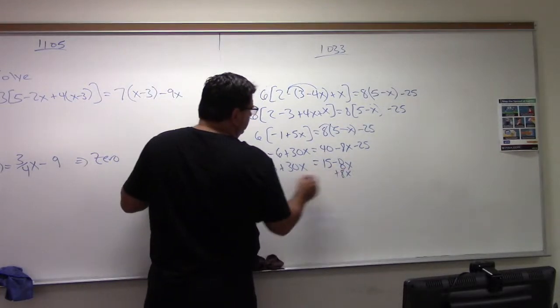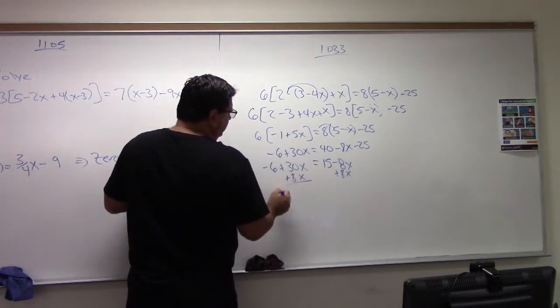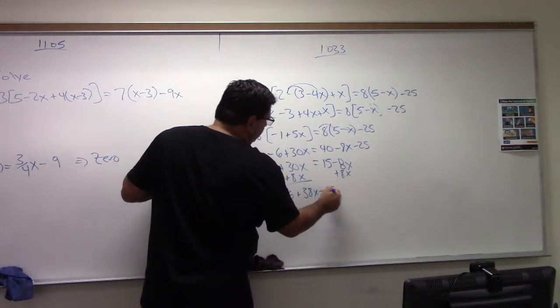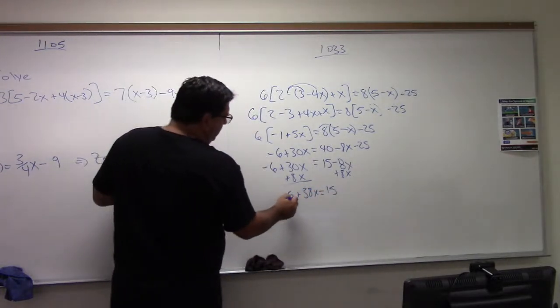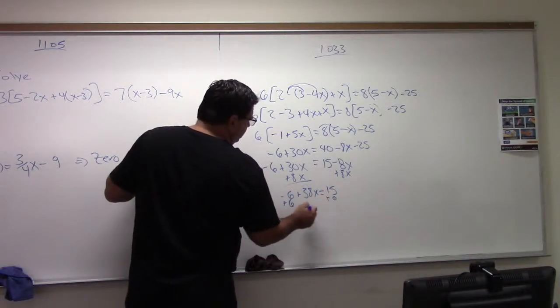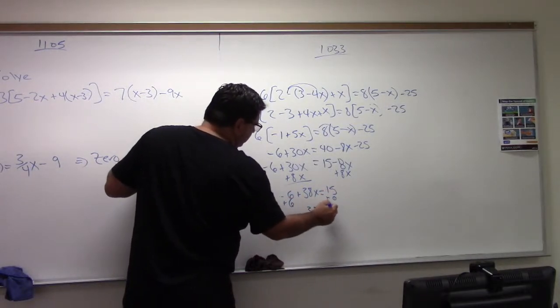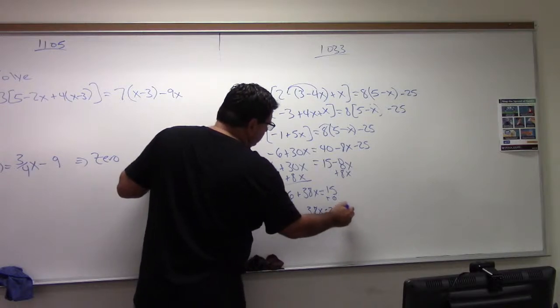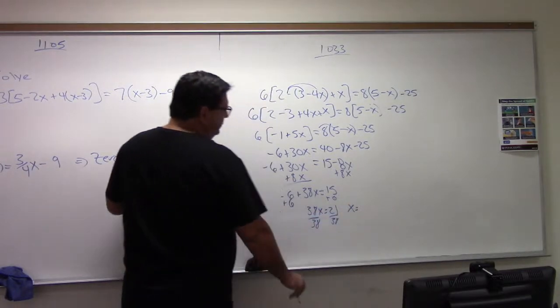Add 8x, add 8x. Negative 6 plus 38x equals 15. Add 6, add 6. 38x equals 21. Divide by 38, divide by 38. X is equal to 21 over 38.